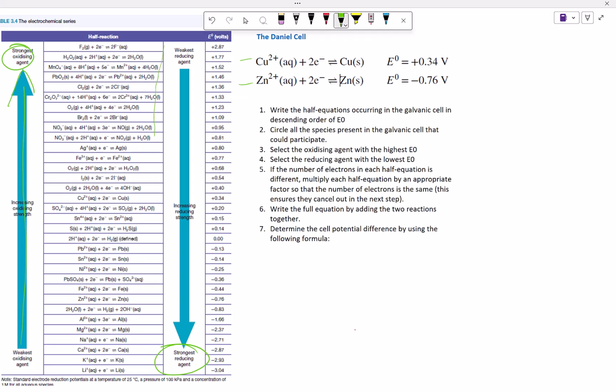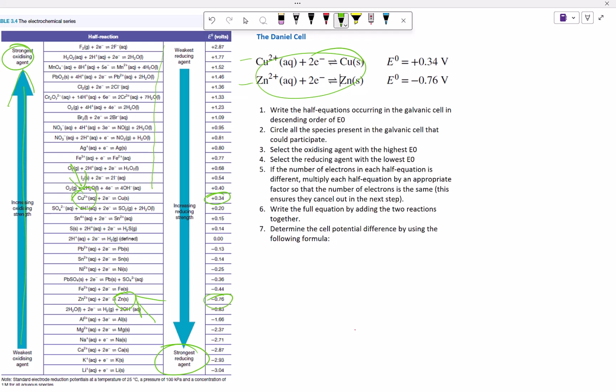I'm looking for Cu2+ here. So that's over there, and now I'm looking for Zn2+, which is that one. So keep in mind, strongest oxidant, strongest reducing agent, and that's the order I've got them in here. They've done it deliberately. And if you have a look at their numbers here, 0.34 and minus 0.76.